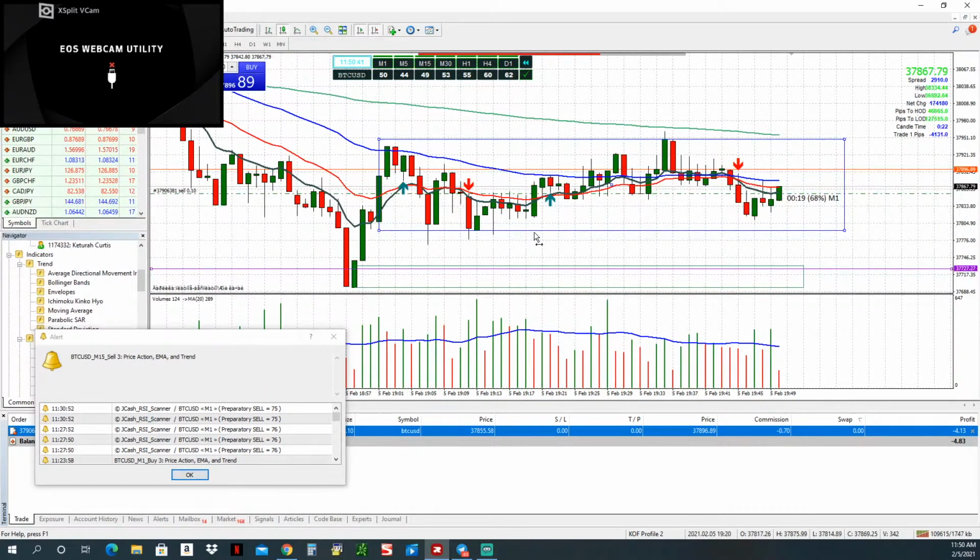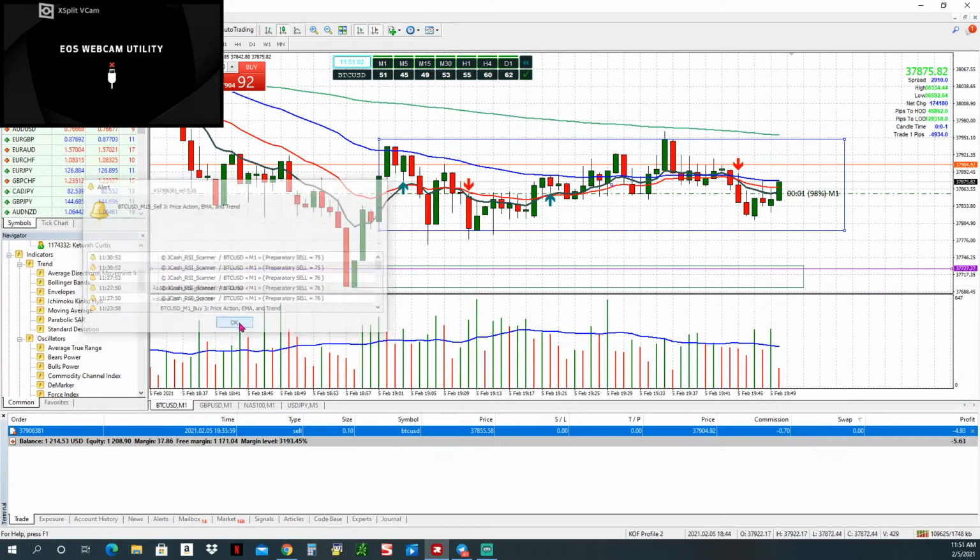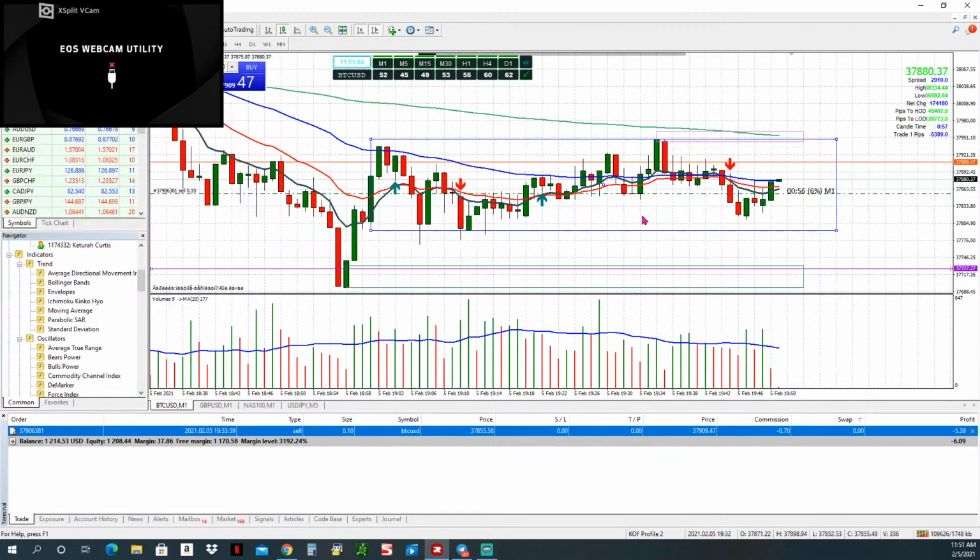You will notice I do have the Jeremy Cash indicator scanner up here on my chart, and it sends me signals. Right now it's telling me a preparatory sell. Lies. That was 20 minutes ago. So we'll see if it dropped another one.